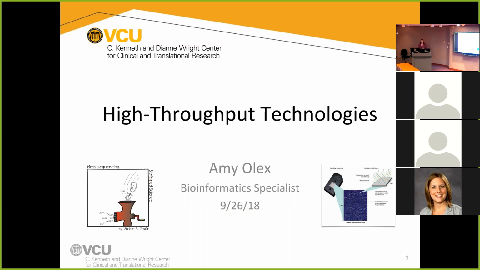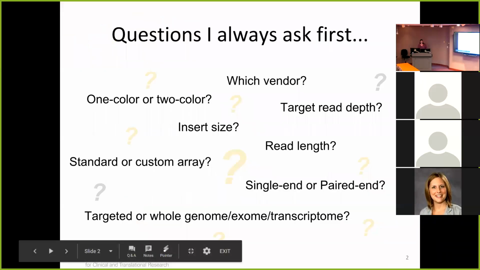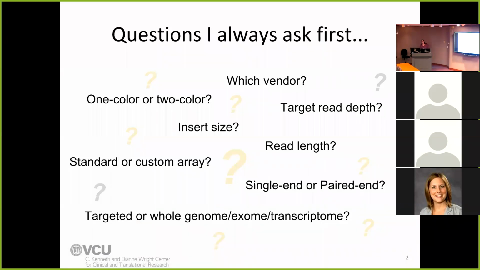So today I'm going to be talking about high throughput technologies. The reason why I give this lecture, there's not a lot of bioinformatics pipelines or analysis in it, but understanding how the different technologies work and where your data comes from can influence your pipeline. That's the main goal of today.